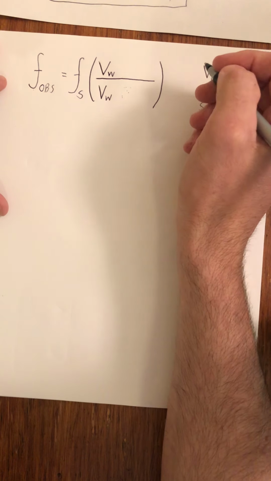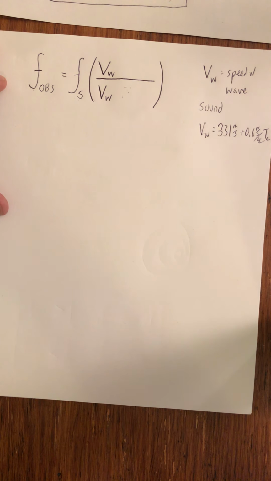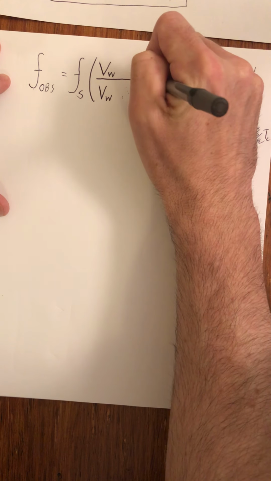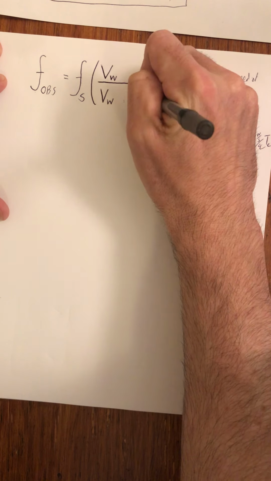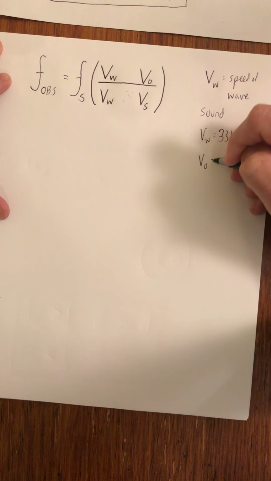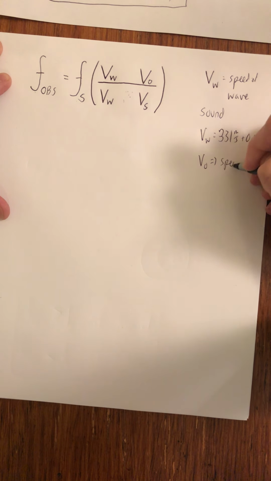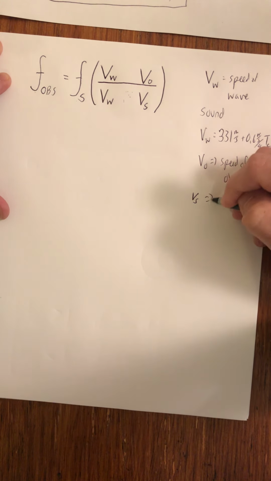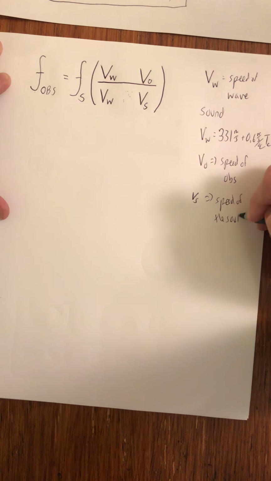And so here we go. If the observer is moving, we're going to put that up here. And if the source is moving, we're putting that down here. And so let's just define terms. VO is the speed of the observer, and VS is going to be the speed of the source.